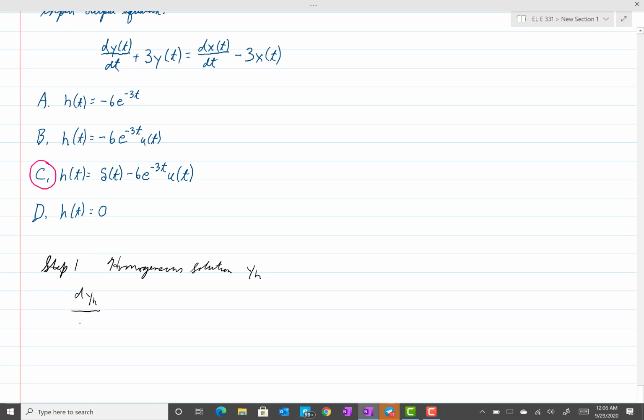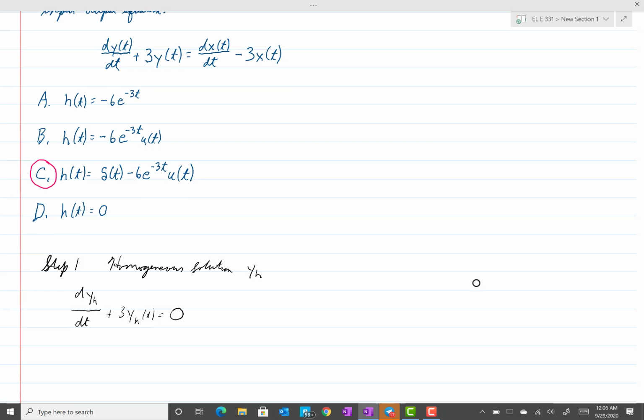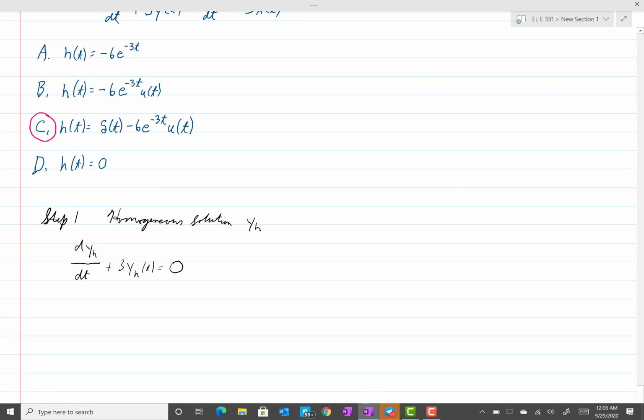So dy_h/dt plus 3 y_h of t is equal to 0, since it's the homogeneous solution. Obviously, if it's the homogeneous solution, then it's the solution to the homogeneous equation, which means we have 0 on the right-hand side.